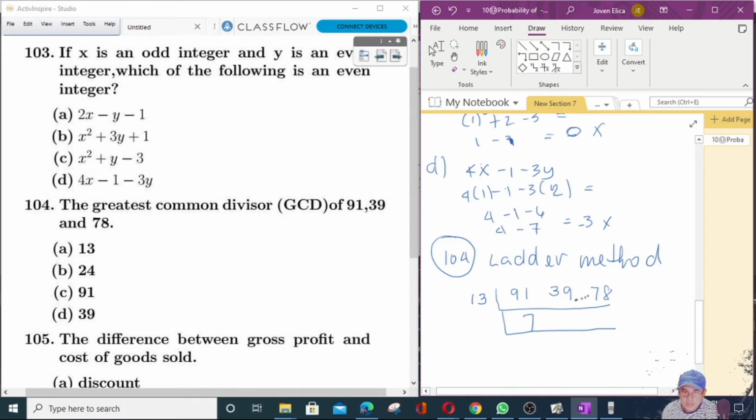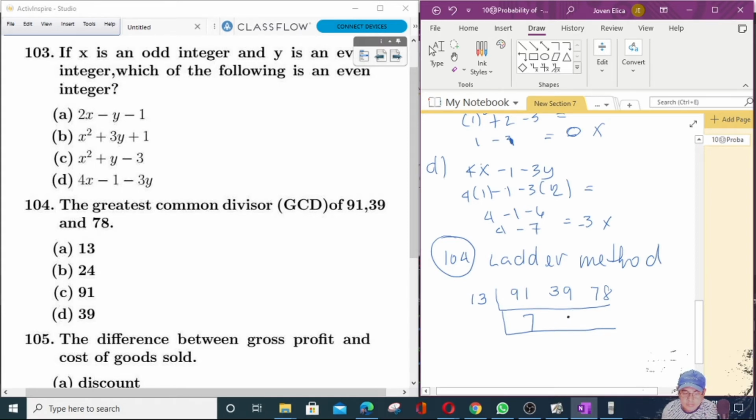Is it correct? So 21 carry 2, yeah, 7. 21 carry 2, 1 times 7, 7. 91, okay.